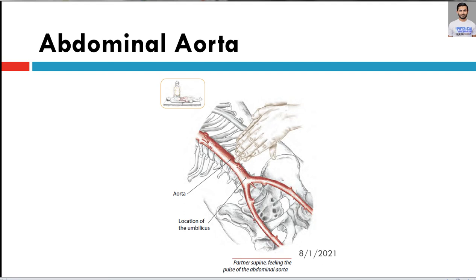Just see how the therapist is trying to palpate the abdominal aorta. You need to place the contact hand just over or adjacent to the umbilicus, and then press with the other hand. The reinforcement hand helps, and with every exhalation, you go deeper and deeper until you feel the pulsation.